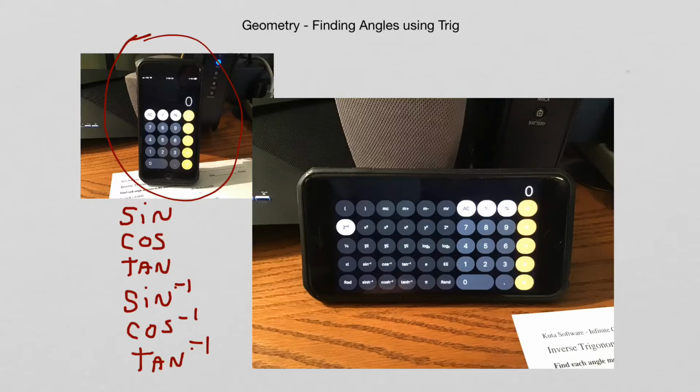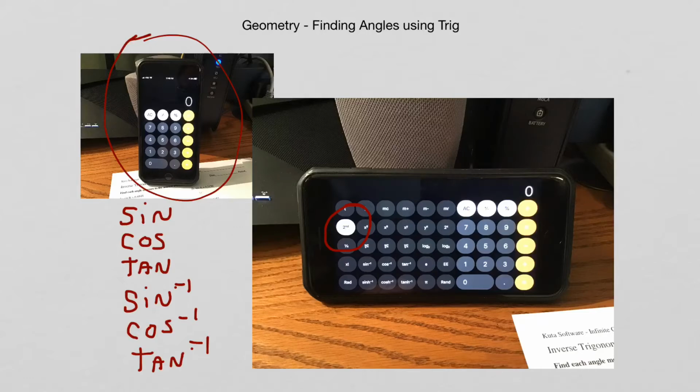The keys that we're going to be working with today, for all of the trigonometry, are the sine, cosine, and tangent keys. First thing you have to know is you've got two levels. This button controls going back and forth between the first level and the second level. If it's highlighted, it's on the second level.